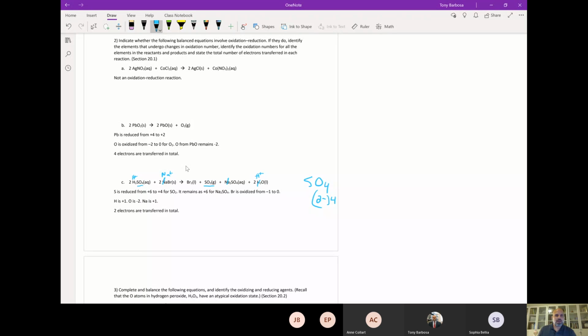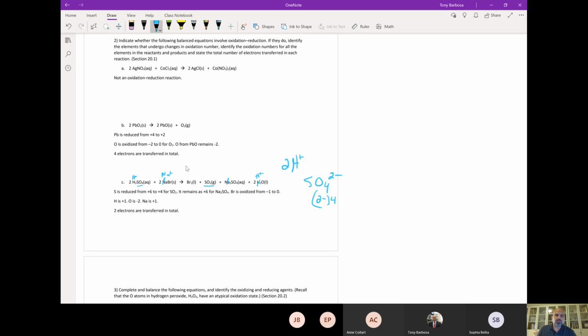For the whole molecule, we have 2 H pluses, so this has to have an overall 2 minus charge on the sulfate ion.